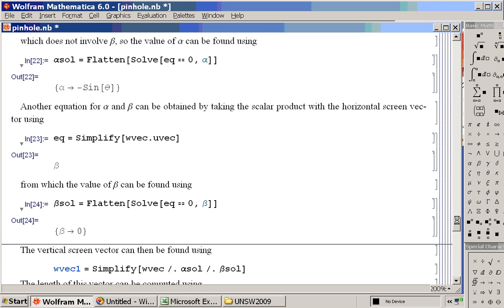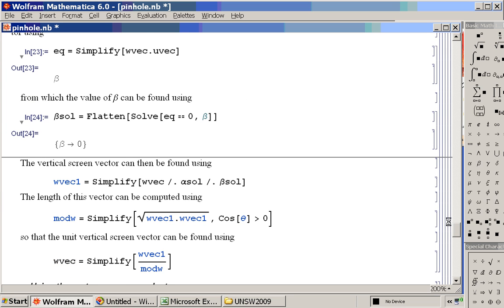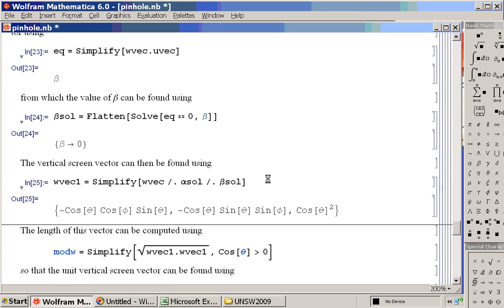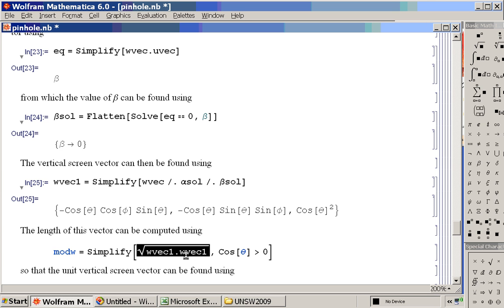So now I've got that, and I'm going to put those solutions into my expression for the vertical screen axis vector, like so. And now I need to make this have unit length, so I'm going to calculate the square root of, or if you like, the length of that vector on the assumption that cos theta is greater than 0.